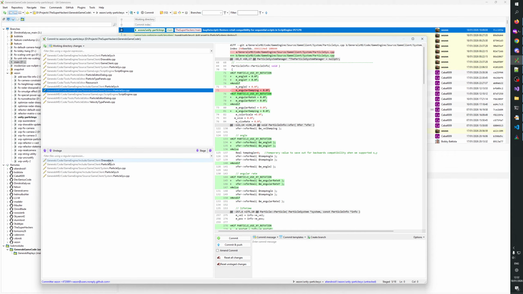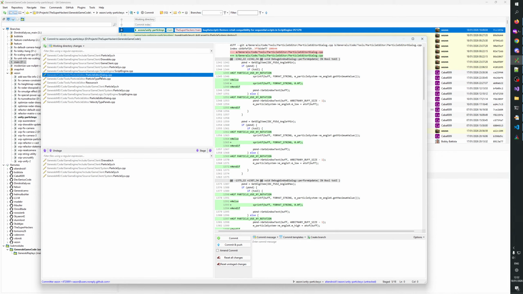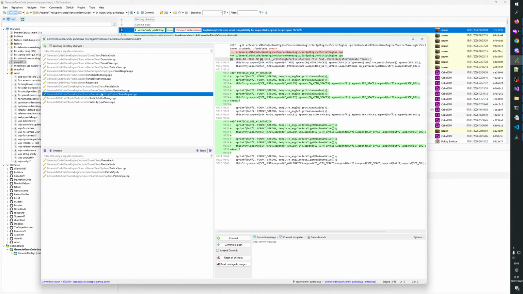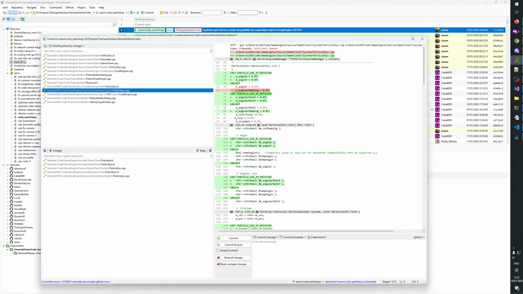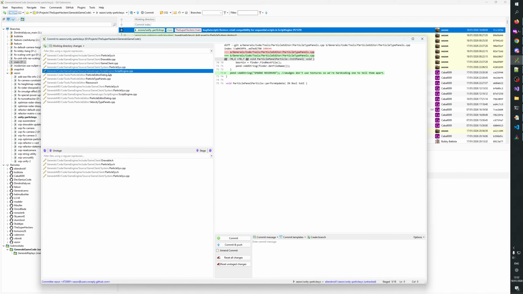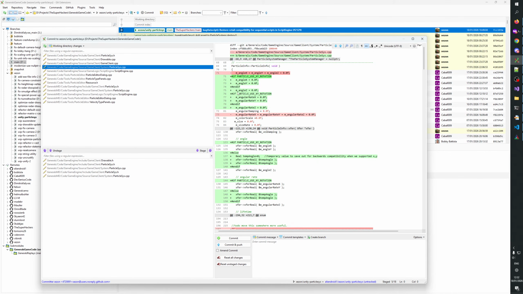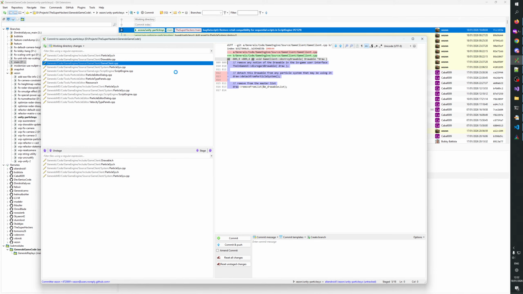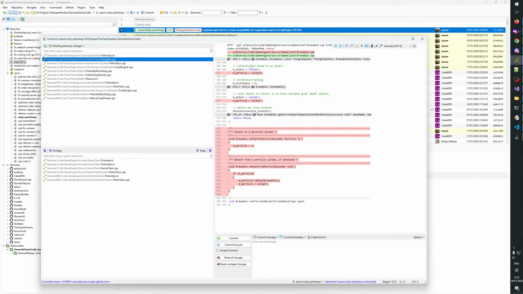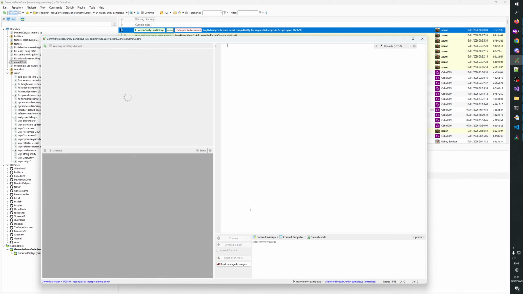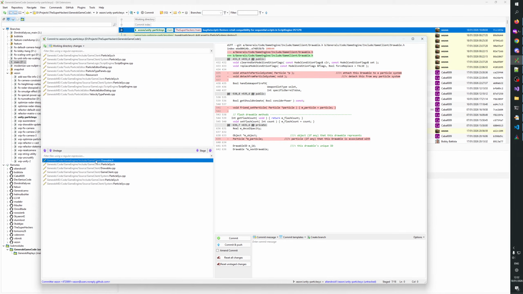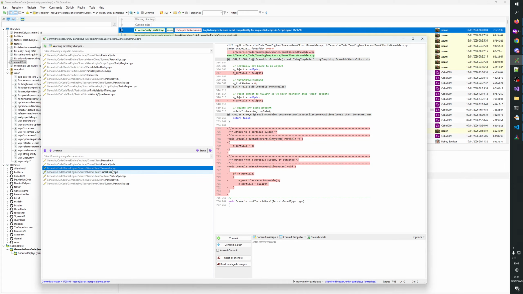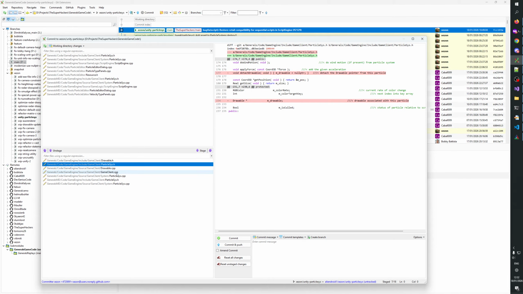Okay. And then what else? This one and this one. Okay, so we have drawable. Generals, yep, okay.